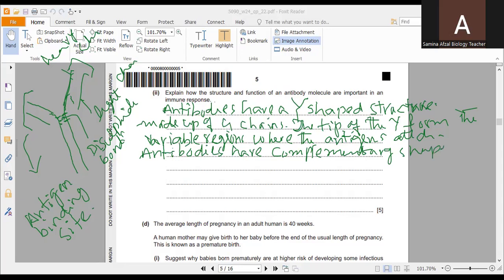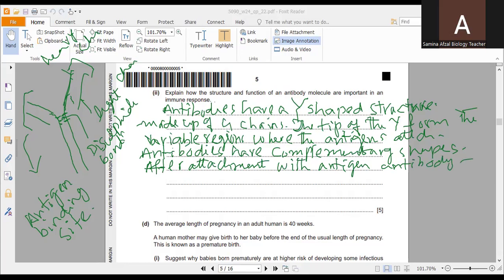Different types of antigens will be killed by different types of antibodies. So after attachment of antibodies with antigens, antigen-antibody complexes are formed.